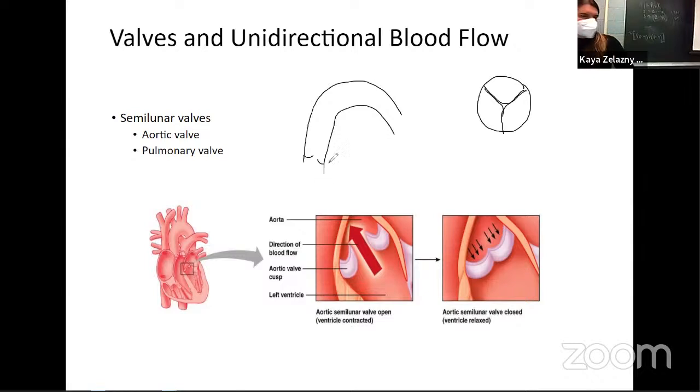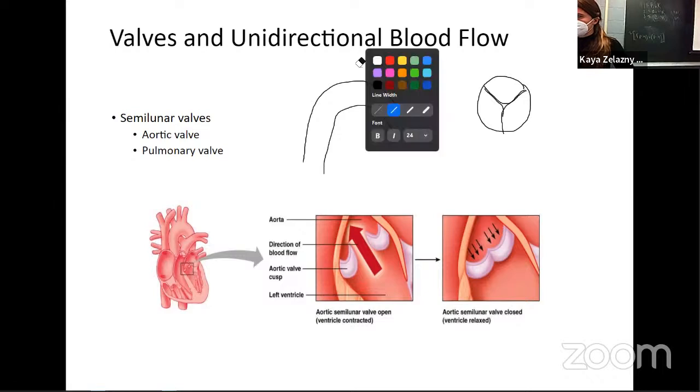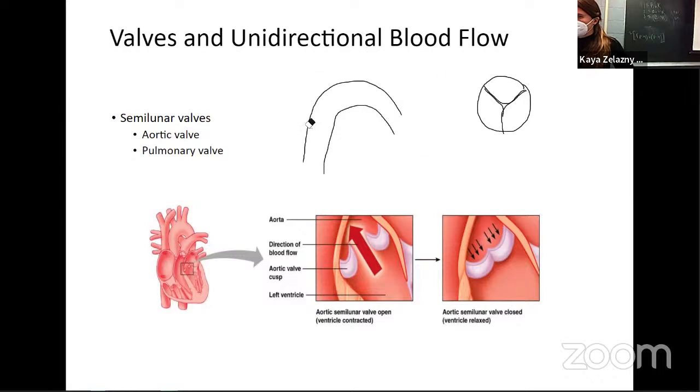So what's happening with those semilunar valves is, when we want blood to flow into the aorta, we have the left ventricle contracting, say, because we're looking at the aorta. So this blood pushes on them, right?